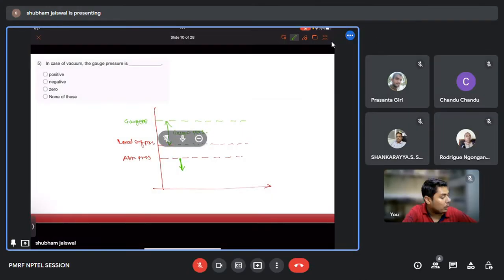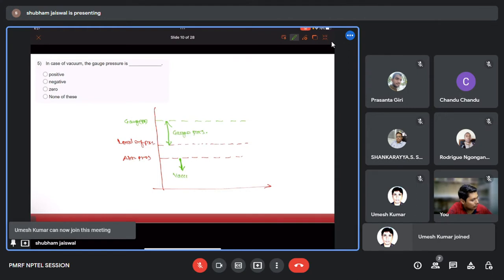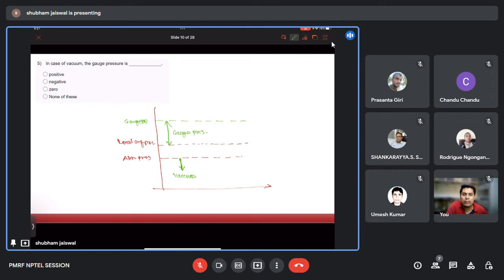Below the atmospheric pressure we have the vacuum. If the pressure is above the local reference pressure or atmospheric pressure, then that is the positive gauge pressure. But if it is below the atmospheric pressure, that is vacuum, so it will be the negative gauge pressure. So the correct answer is, in case of vacuum, the gauge pressure is negative.